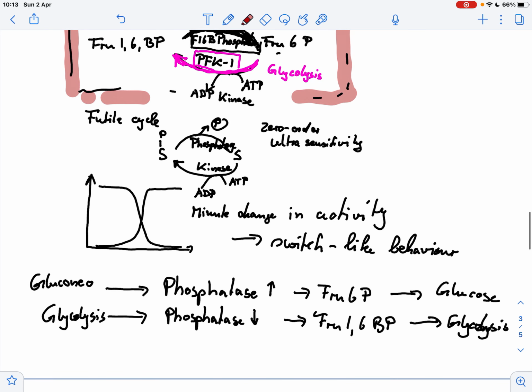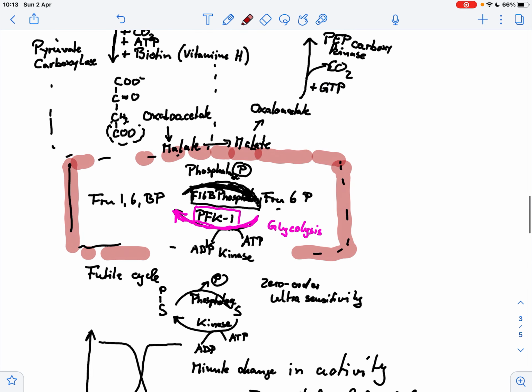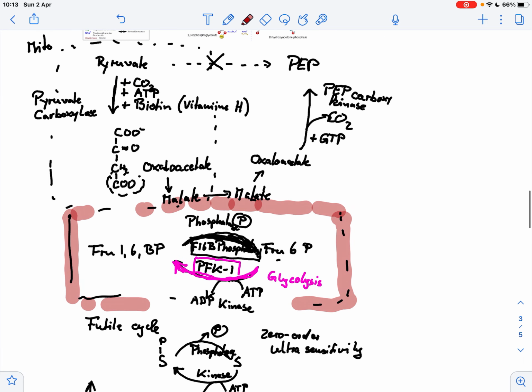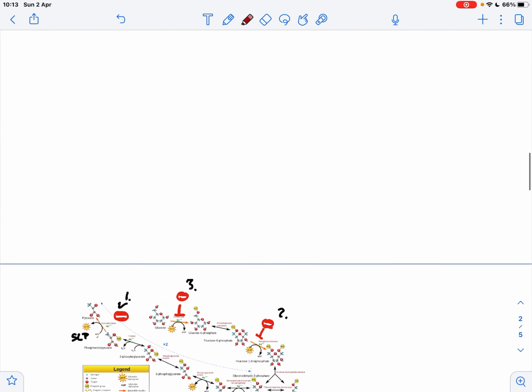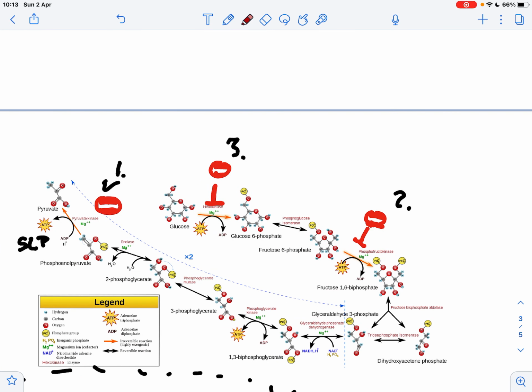And there is, of course, a very fine regulation between these two pathways, because we don't want to use up the glucose that we then make in the cell and send it back into glycolysis. So that leaves us basically with the third block here in the liver.